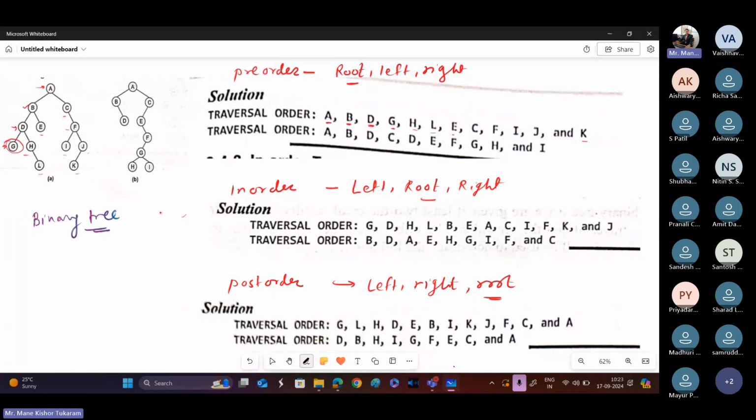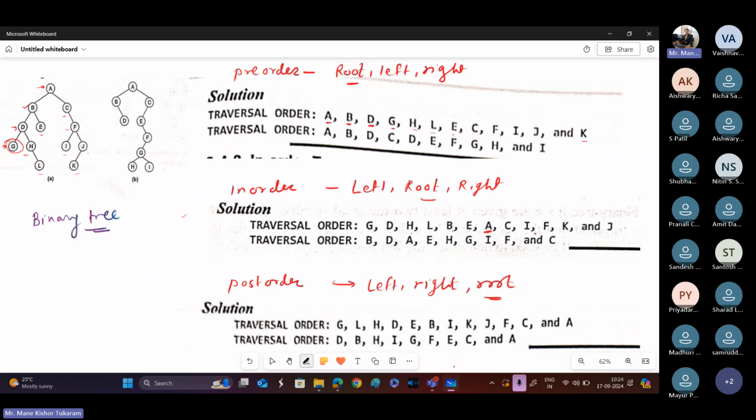So leftmost node is G. So we start with G, then root node D, H, L, B, then E, then A. So root is coming at the top.